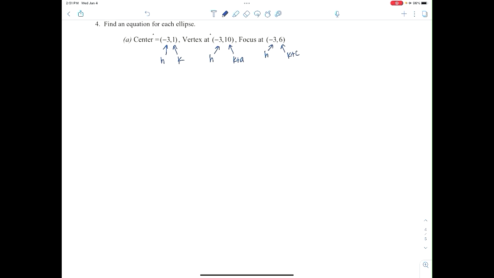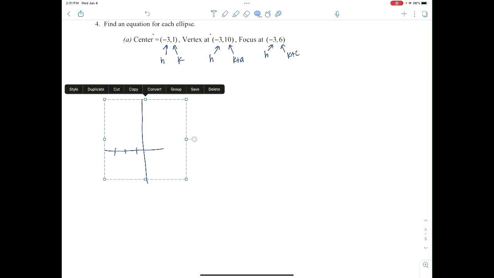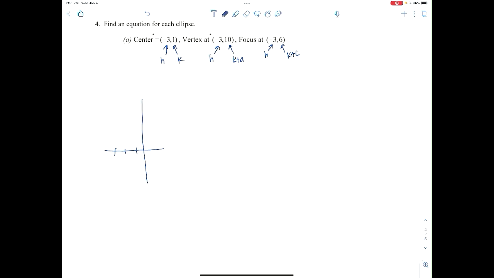So for my sketch, just to get an idea, we have our center at (-3, 1). So we're working over here. That's where the center is. Our vertex, (-3, 10), so 1, 2, 3, 4, 5, 6, 7, 8, 9, 10 is up here.